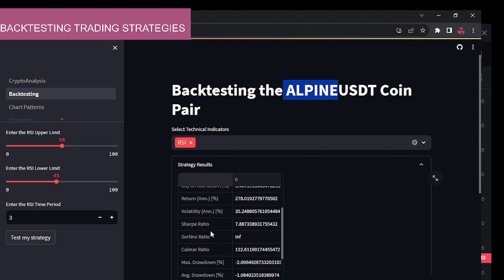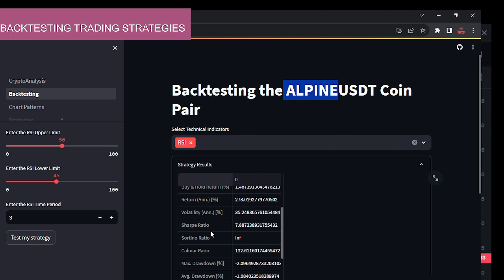The volatility annual is how the upside positive returns and the downside negative returns will perform as a percentage. Another thing is the Sharpe ratio. The Sharpe ratio is basically the return divided by the volatility.